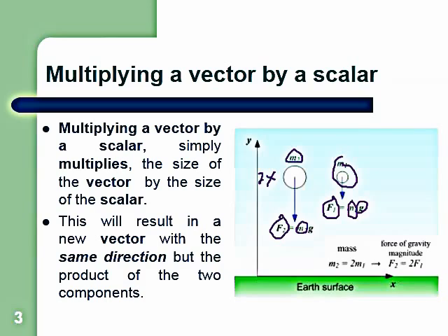The force will be doubled because the mass has doubled. And this is what we see here. Because the second mass is twice the mass of the first ball, the force due to gravity of the second ball will be twice the force due to gravity of the first ball.